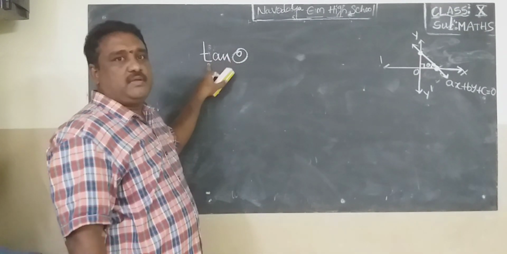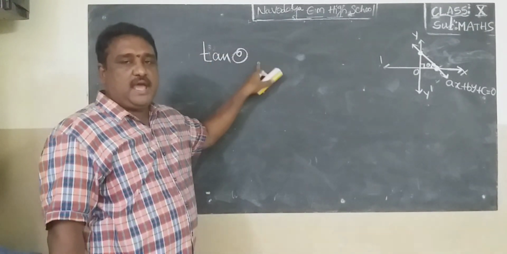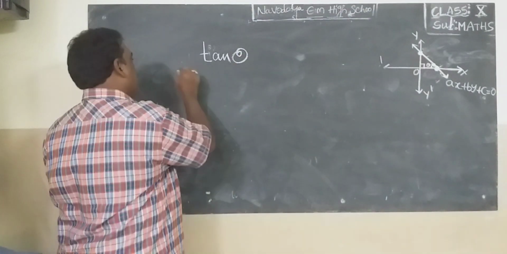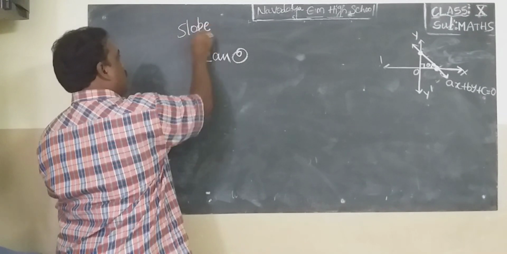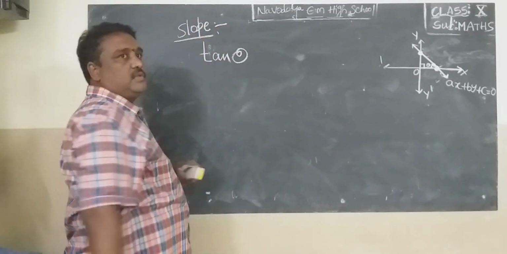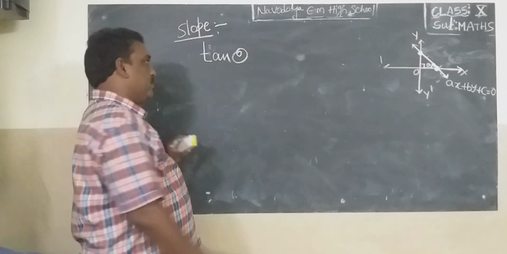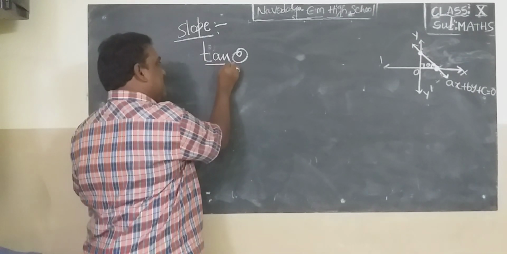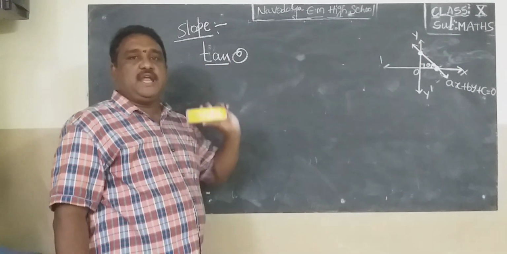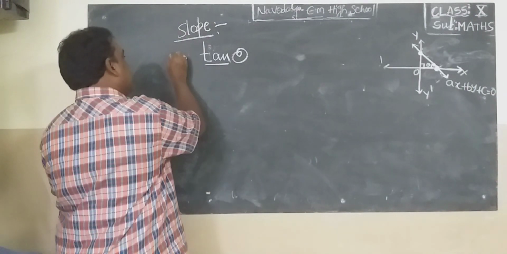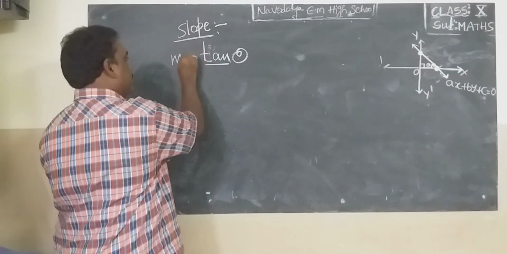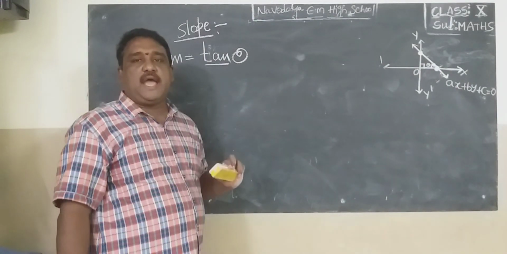Apply tan, it becomes tan theta. It is known as slope, and it is represented by m. m equal to tan theta.